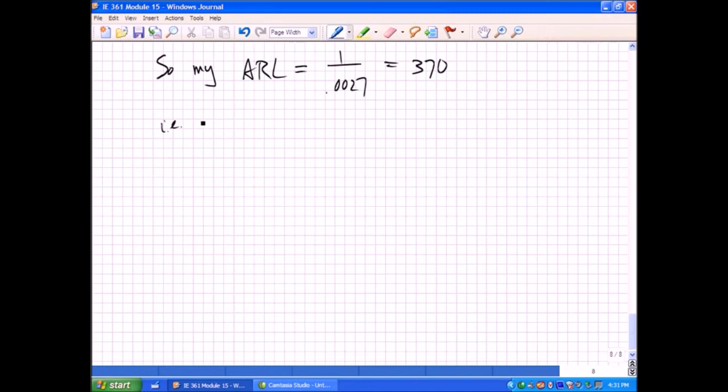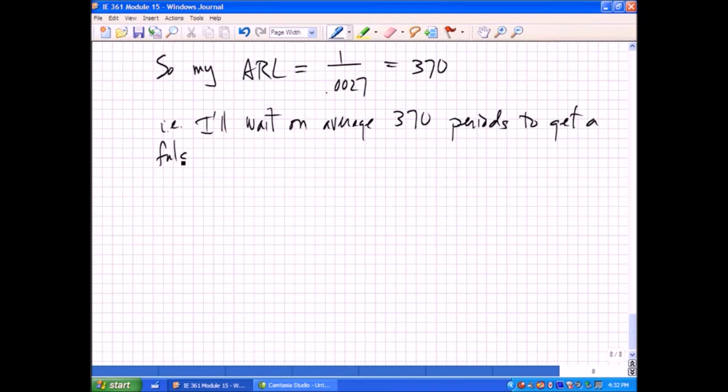So I'll wait on average 370 periods to get a false alarm using the X-bar chart.